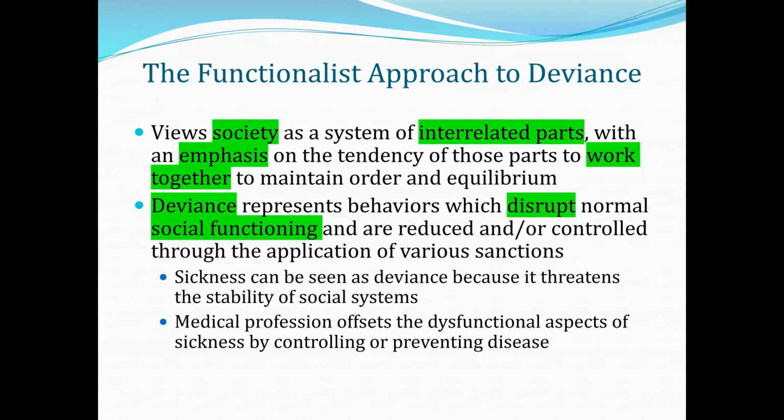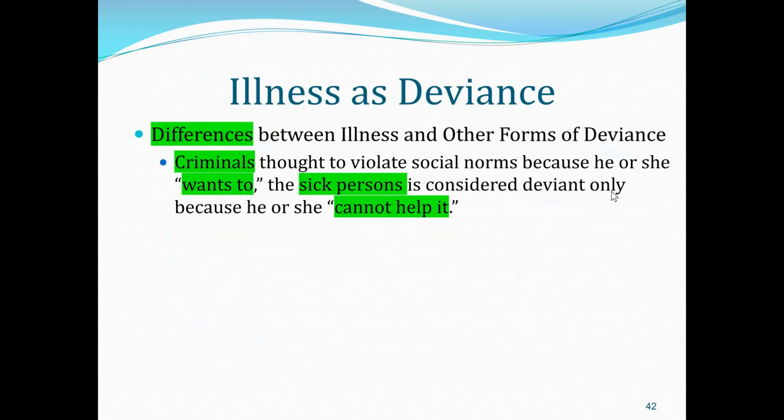A natural follow-up question would be, what is the difference between illness as deviance and other forms of deviance, like criminal activities and mental illness? Well, there is a major difference between illness and other forms of deviance. Criminals are thought to violate social norms because he or she wants to, whereas the sick person is considered deviant only because he or she can't help it.